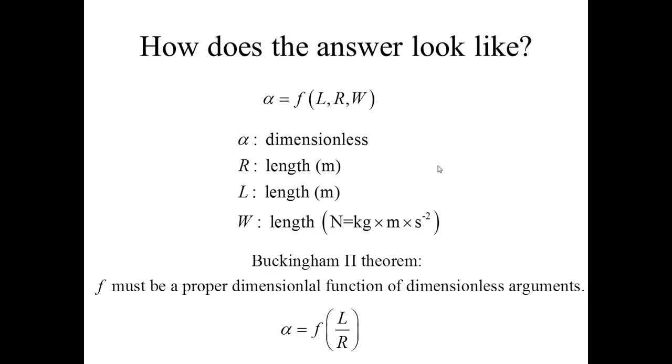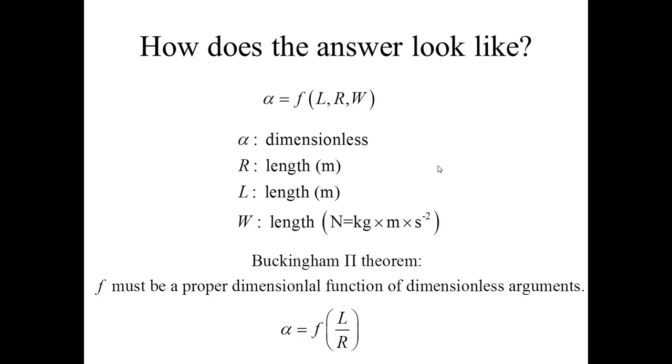To this end, let me state a very important and very basic result. It's known as the Buckingham pi theorem. It says that the function f must have a proper dimension. In our case, the proper dimension would be dimensionless because alpha is dimensionless. And it has to be a function of dimensionless arguments.